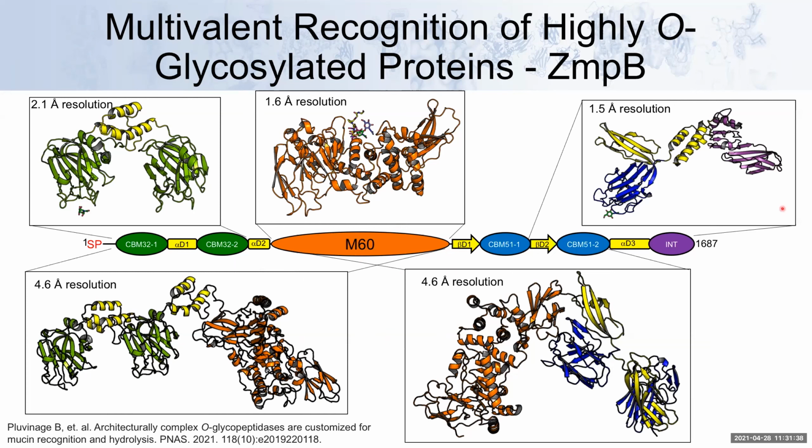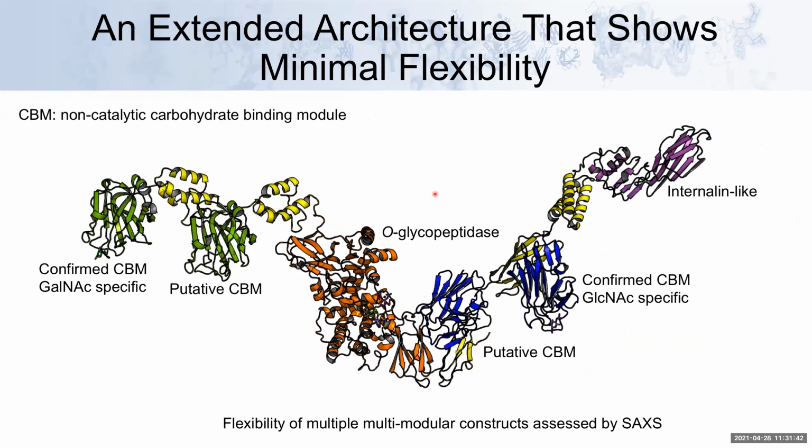But armed with all this other high resolution structural information, it was very easy to put together an overall structure of this protein. And we could actually go and verify the structure using small angle X-ray scattering, which helped show that actually there's really not much flexibility in this protein.